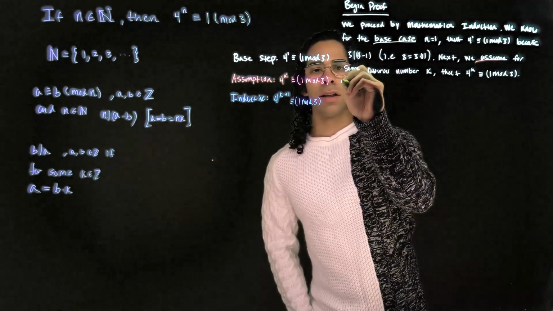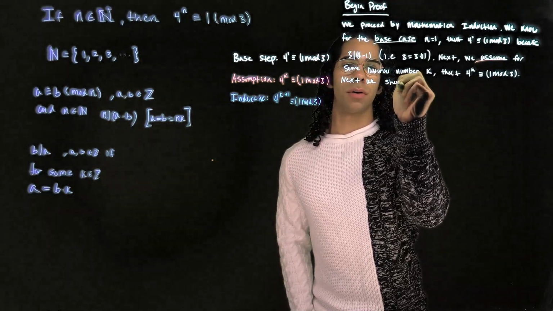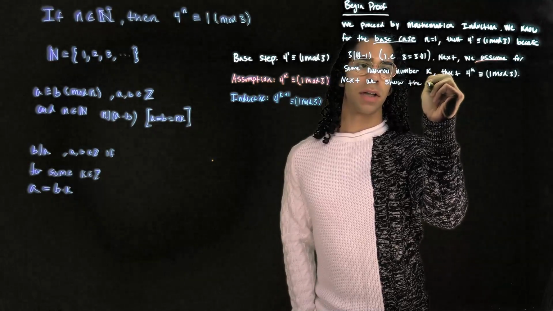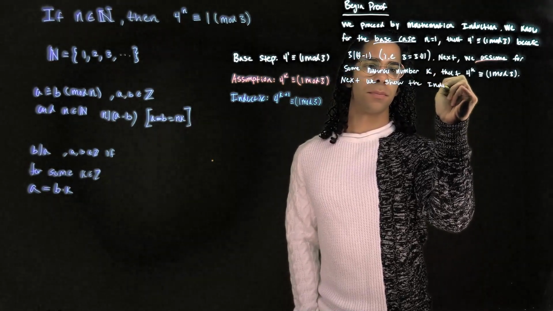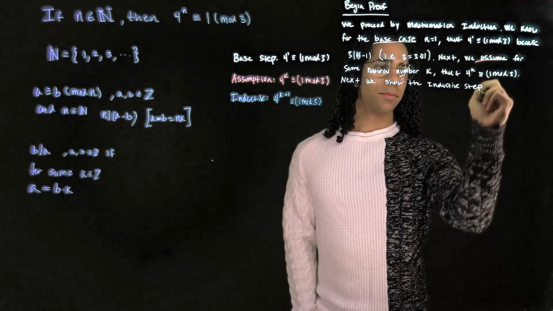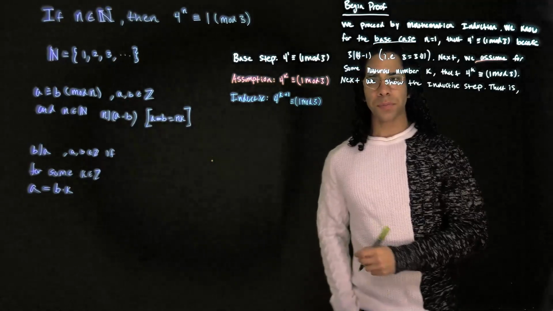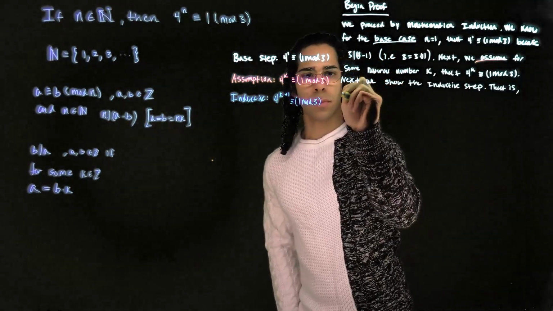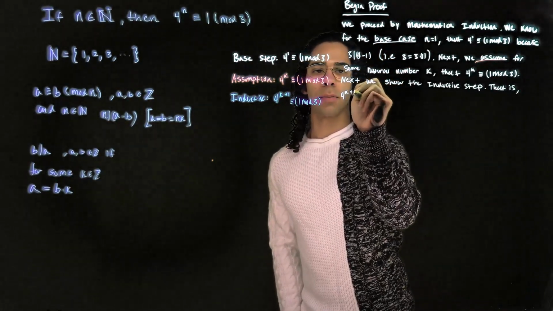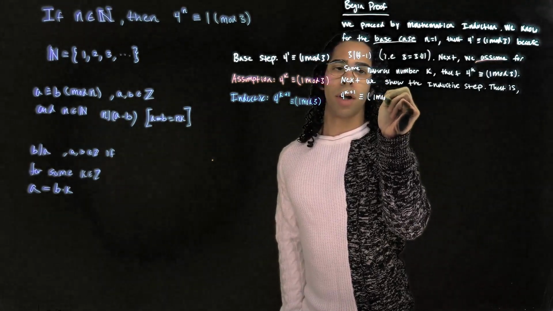So we say, next, we show the inductive step. That is, 4 to the k plus 1 is congruent to 1 modulo 3.